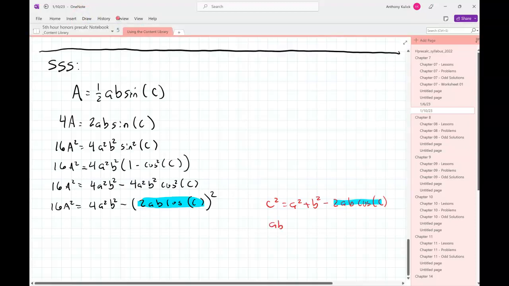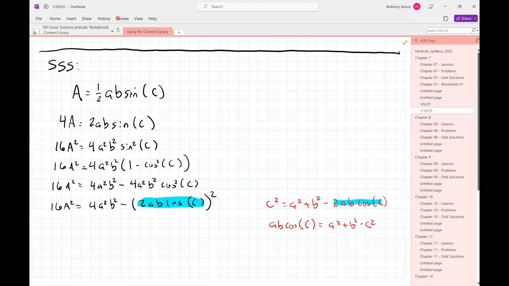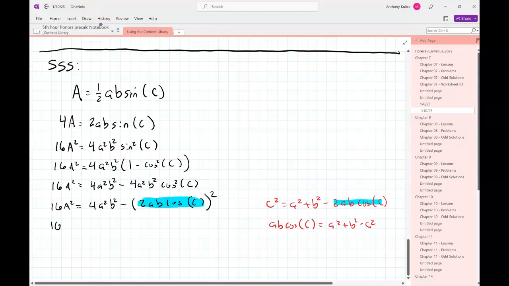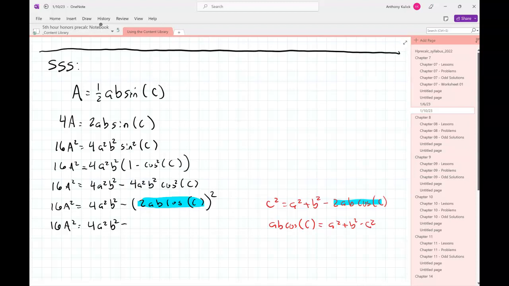So I'm going to add that piece over and then subtract the c squared. And now I'm going to make a substitution back into my main equation here. And actually, I'm going to write that first term as something squared.